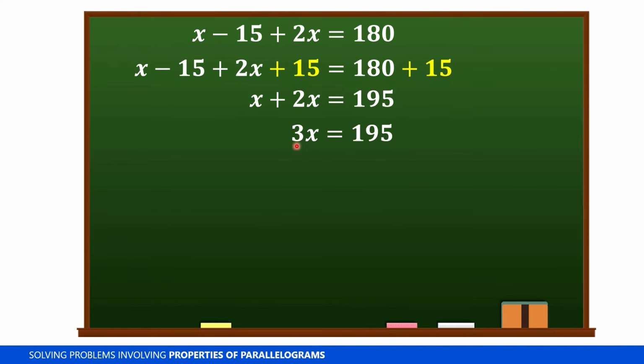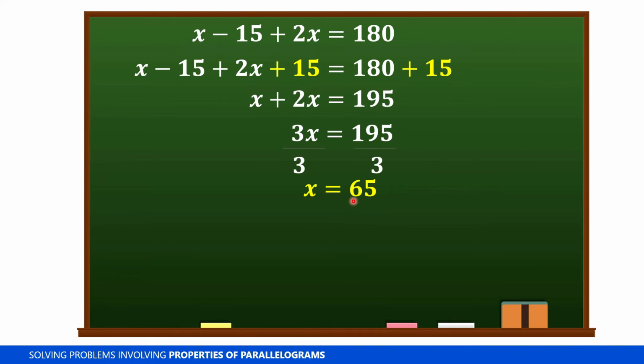To solve for x, let's multiply both sides by 1/3, or simply divide both sides by 3. 3x divided by 3 will get x, and then 195 divided by 3 is equal to 65. Therefore, x is equal to 65.